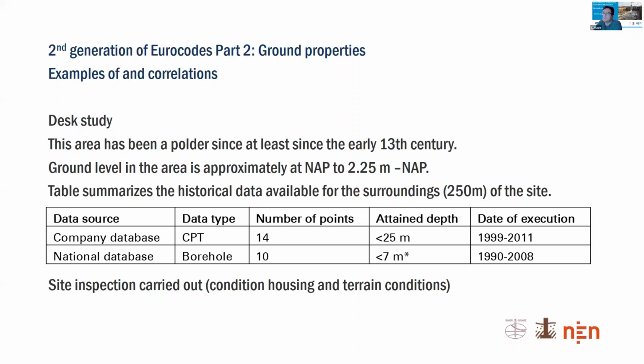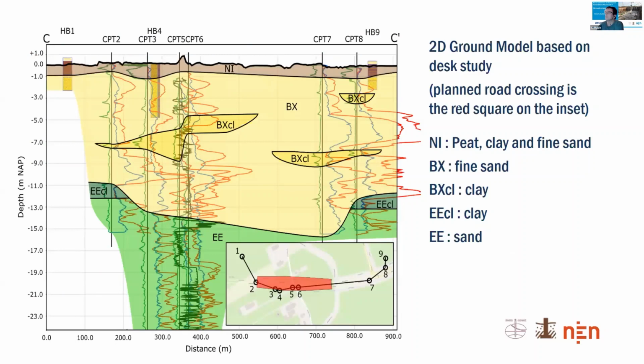A site inspection was carried out to check the condition of the housing, mainly, and the terrain conditions for the soil investigation. Based on the desk study, you see on the right side inset where the points are. There are boreholes and CPTs, and the red square that I'm pointing out now is the envisaged underground crossing.